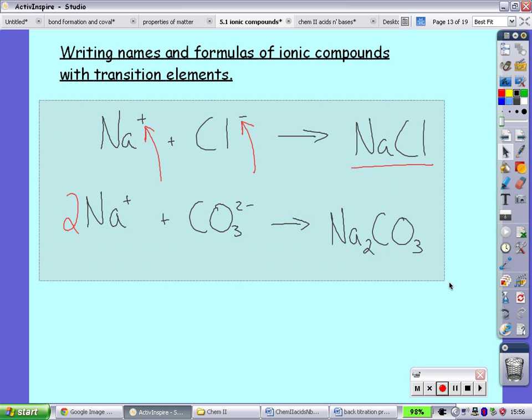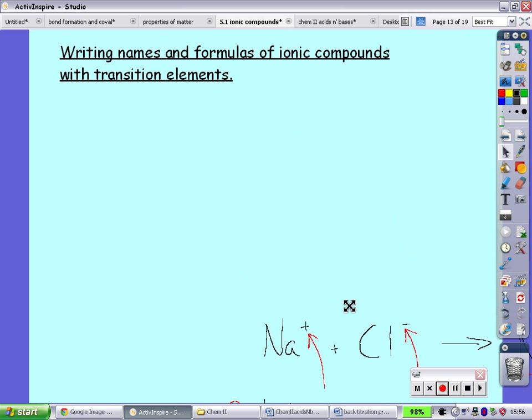Last thing we learned about on Tuesday was how to write a formula if we had more than one polyatomic ion.